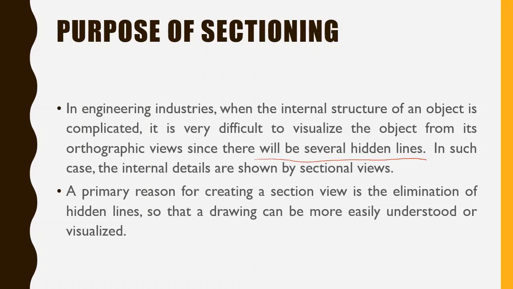And the second primary reason for creating a section view is the elimination of hidden lines. So this is the second important point. It is used for elimination of hidden lines and for better understanding and visualizing the hidden interior parts, right?